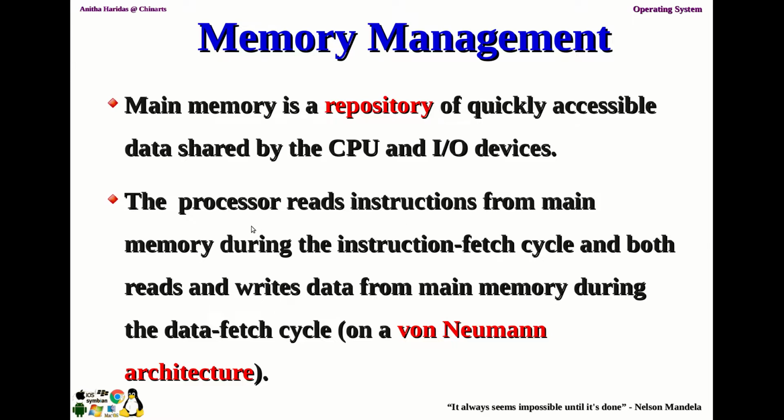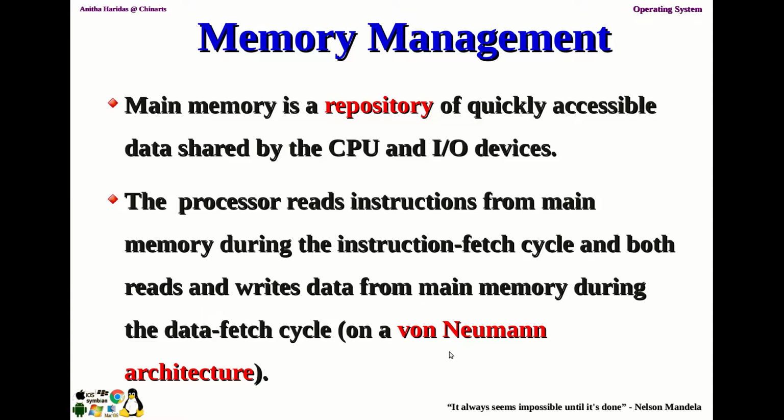Now the processor, the CPU, will read the instructions from the main memory during the instruction fetch cycle. All these points you might have discussed in your computer organization course. So during the instruction fetch cycle, it will read the instruction from the main memory, and it reads and writes data from the main memory also, during the data fetch cycle.